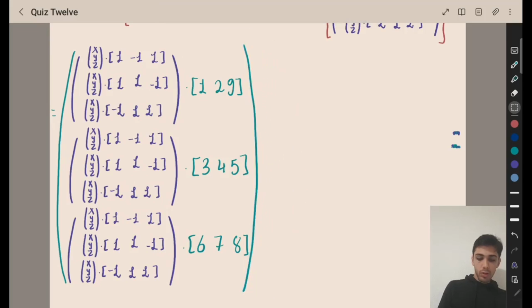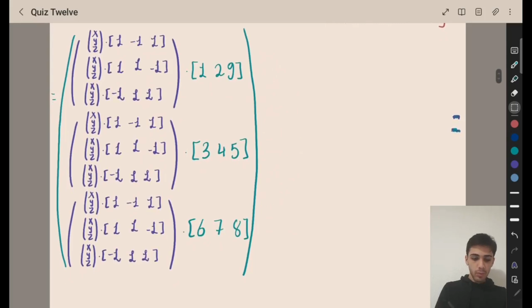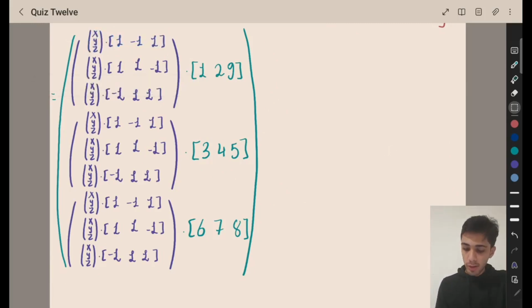So we do this, and this is the first entry in my vector. It looks very weird, but this is the first entry in my vector.